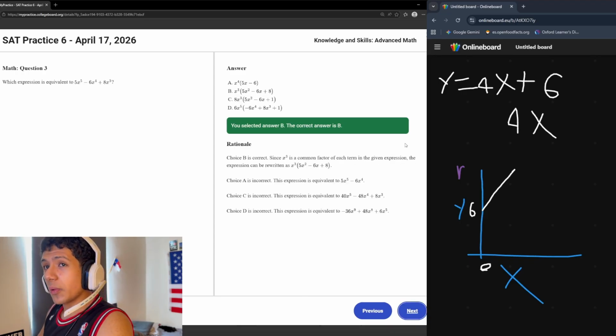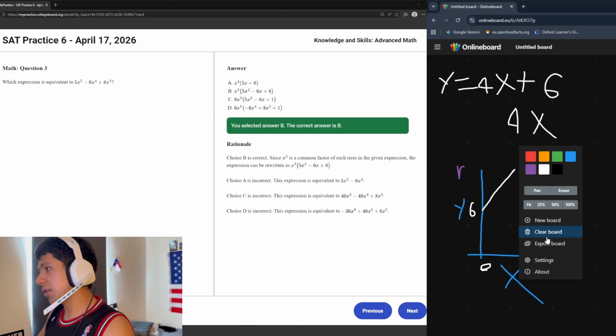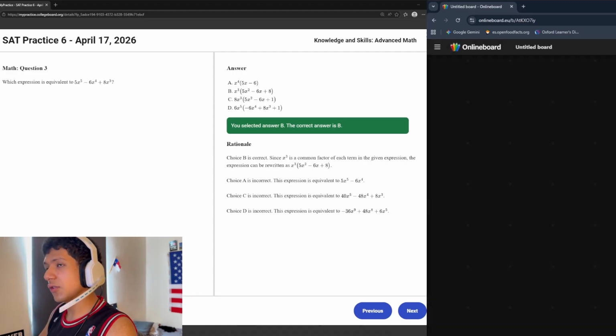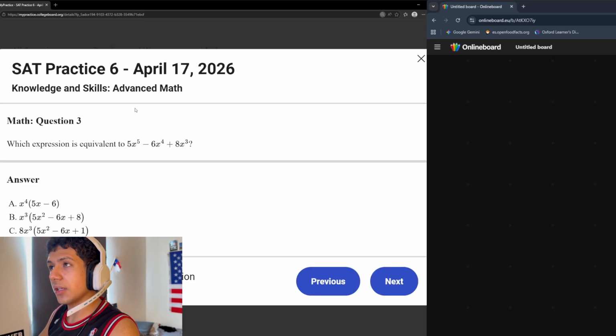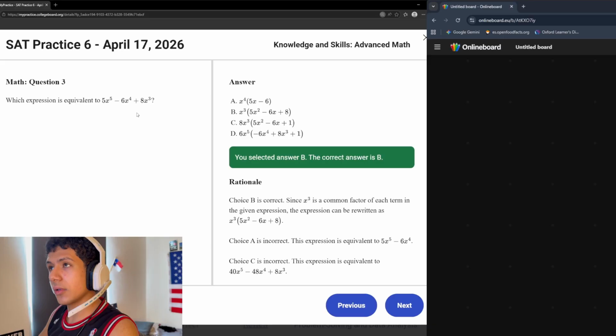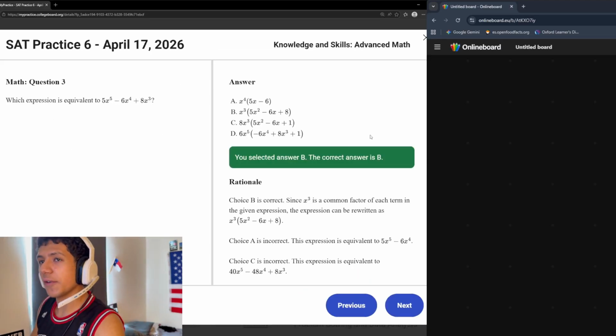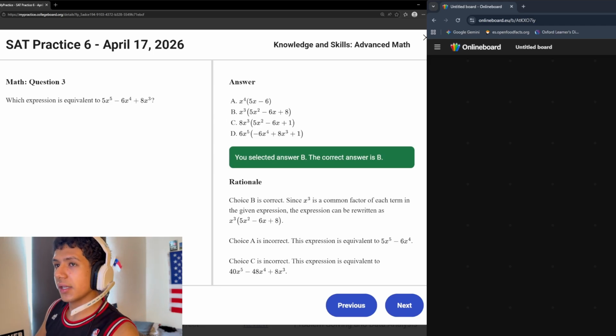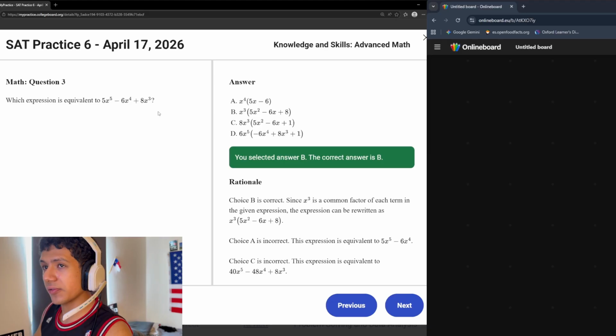Move on. Which expression is equivalent to 5x^5 minus 6x^4 plus 8x^3? By the way, I should do more zoom. So we just have to add the like terms, right?